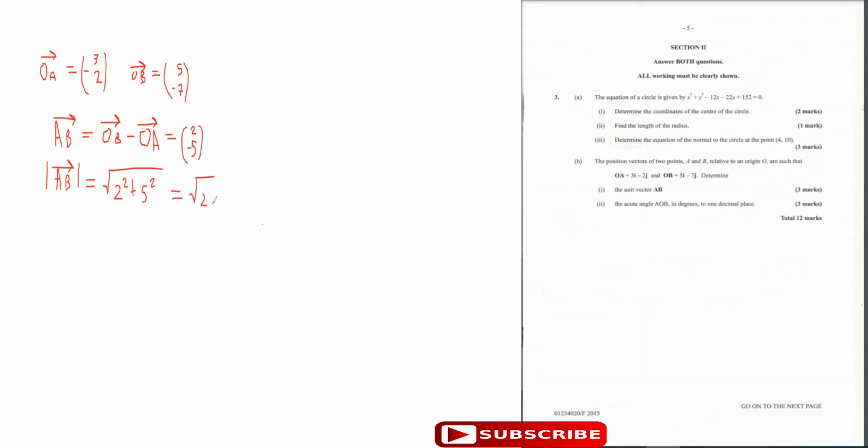All right, so what does that mean? That means that the unit vector AB, this is how we write unit vector. So AB, and you put a little hat on top of it. That means unit vector. It's equal to 1 over the magnitude of vector AB, which is 1 over the square root of 29, multiplied by vector AB itself.